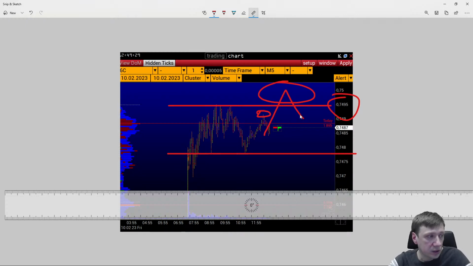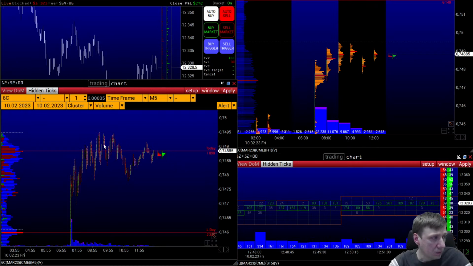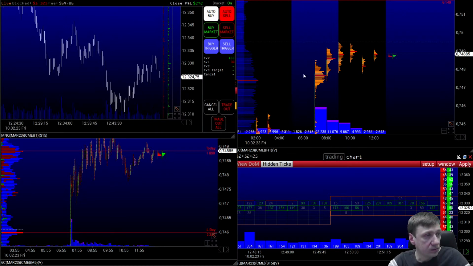I'm not sure the price will go higher than, I can tell you how much, like maybe 10-15 ticks. You can have a stop loss here. So actually not much. So that's what I see on the Canadian.